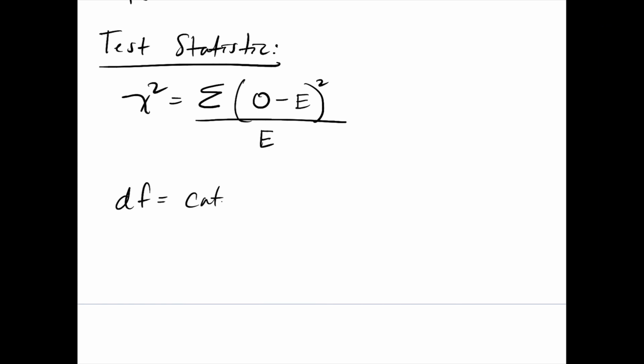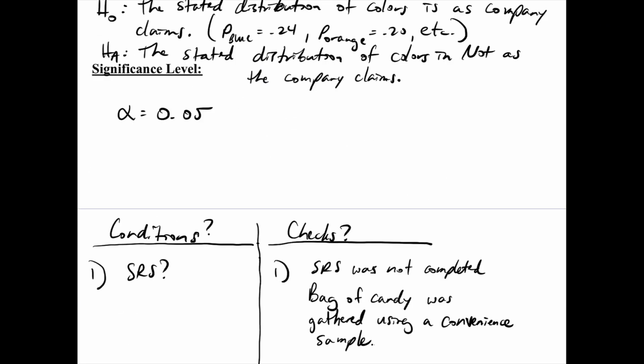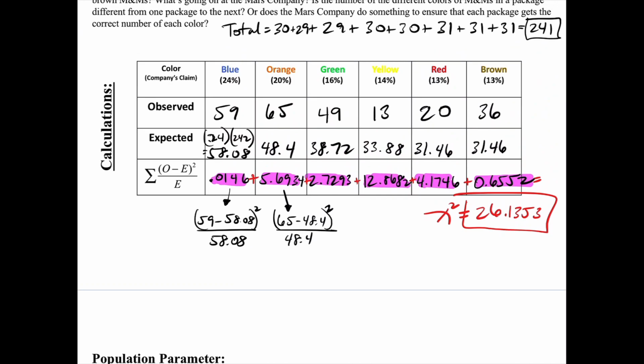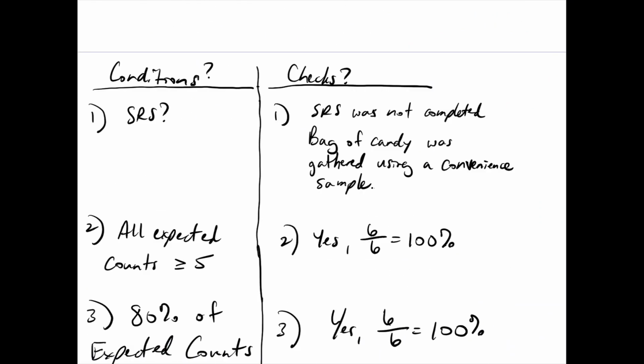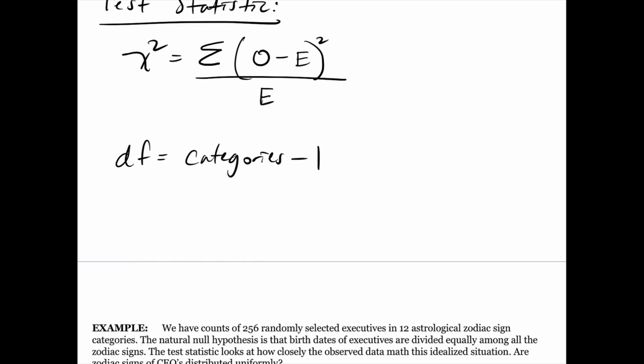Categories minus 1. Yep, categories minus 1. Okay. So degrees of freedom, in this one, we had 6 different categories. So on this guy here, we would have 6 minus 1. We'd have 5 degrees of freedom. Okay. All right. Test statistic, we're done.